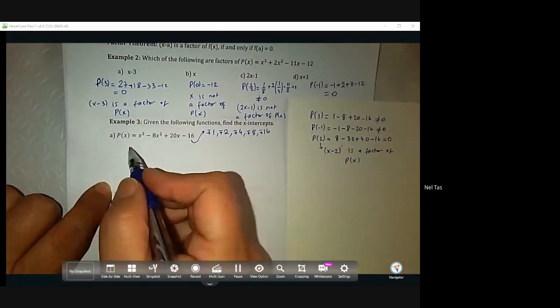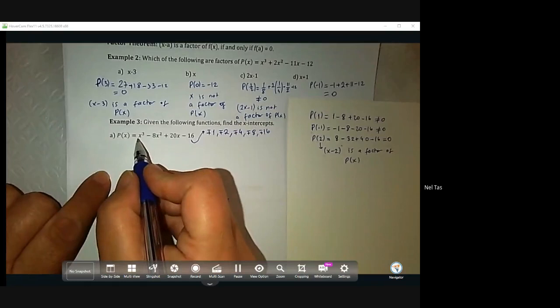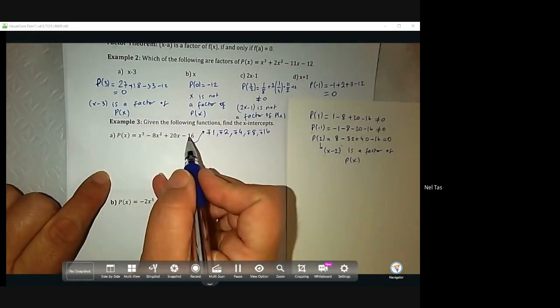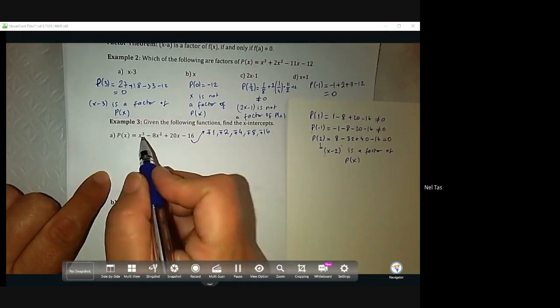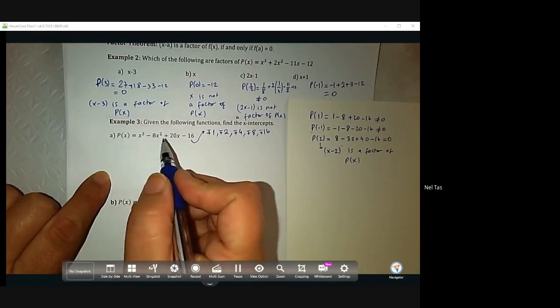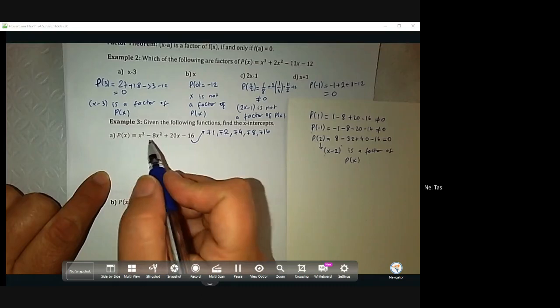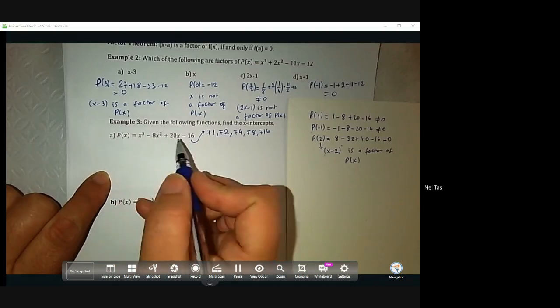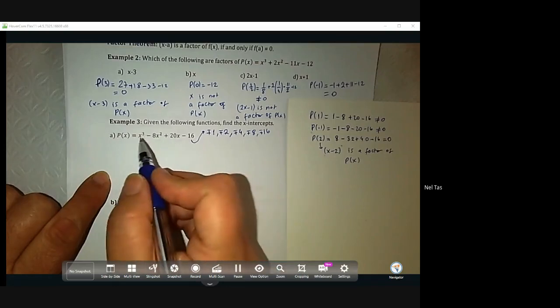That should take less time. To use synthetic division, we check if the polynomial is in descending order. Then we also check if there are any missing terms, so we can fill them with 0. In this case, x cubed, x squared, x, and a constant. So looks like everything is fine.